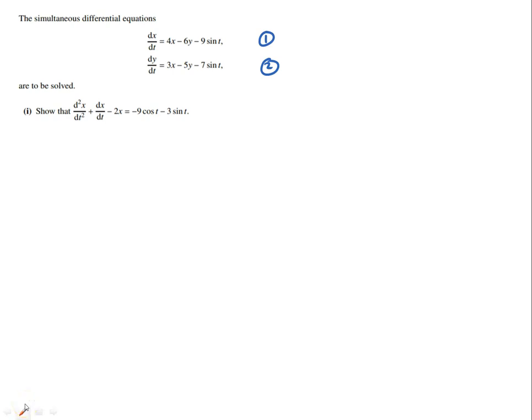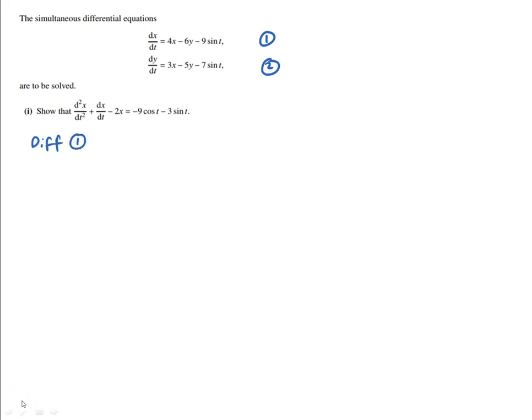If we differentiate equation 1, we will obtain an equation involving d2x by dt squared. So, differentiating equation 1, I get d2x by dt squared is 4 dx by dt minus 6 dy by dt minus 9 cos t.